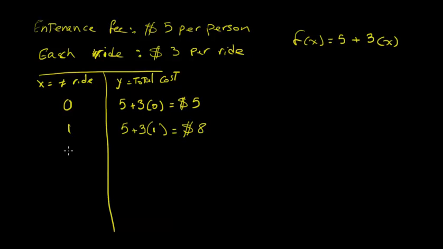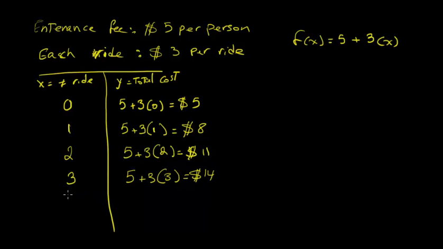So let's say you use two rides, and then you have 5 plus 3 times 2 equals $11. Let's say you have three rides, and then you'd have 5 plus 3 times 3 equals $14.